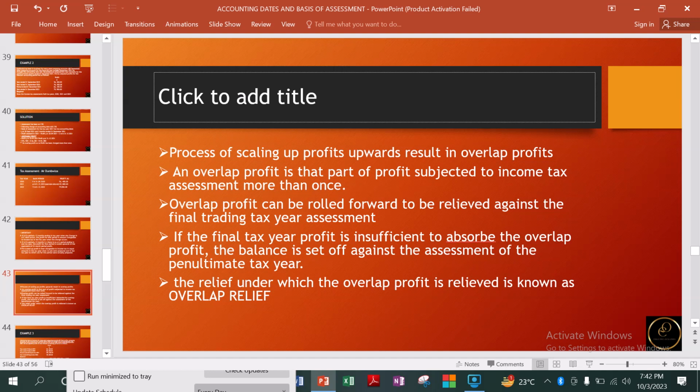And then the last point, but not the least: if the final tax year profit is sufficient to absorb the overall profit, the balance is set off against the assessment of the penultimate tax year. When we say penultimate tax year, we mean the year which is second from the last. The relief under which the overlap profit is relieved is known as overlap relief. Those are the points for you to consider.